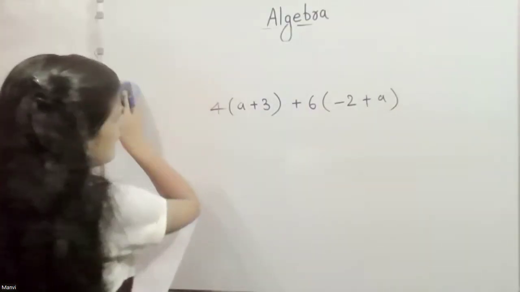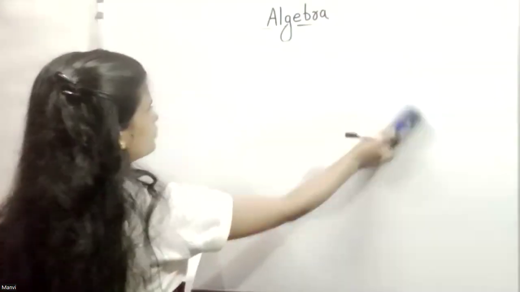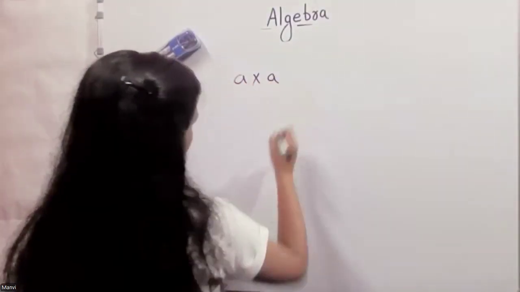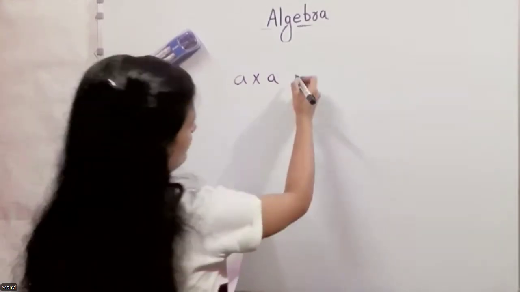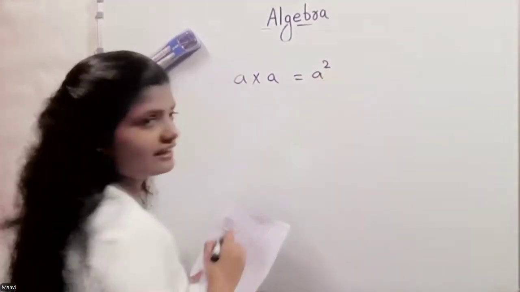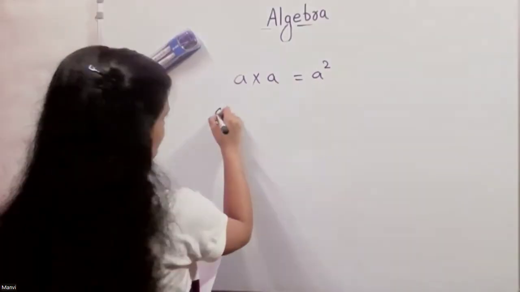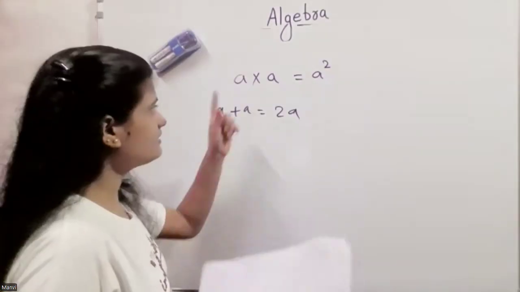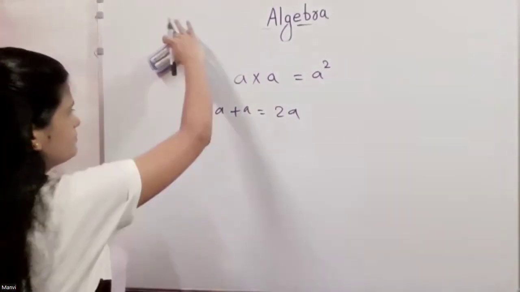Okay, so if we have variables like this, A times A, what does this mean? A raised to the power 2. A plus A is 2A actually, but A times A is not 2A.